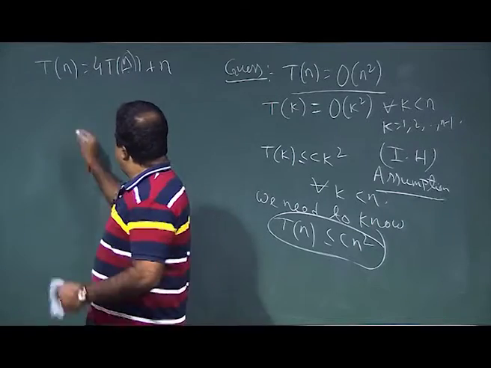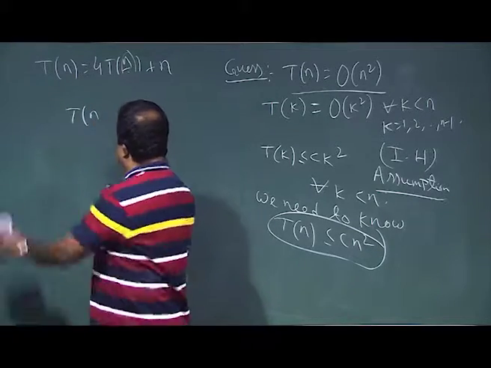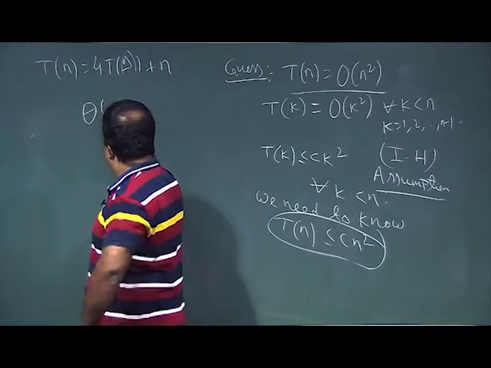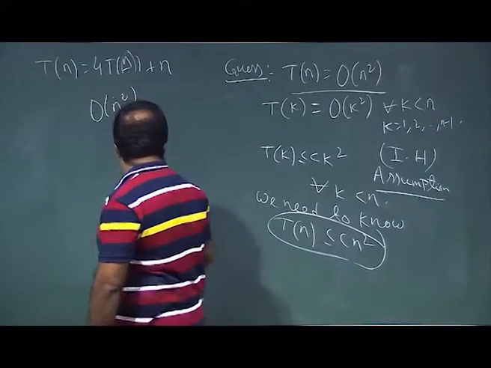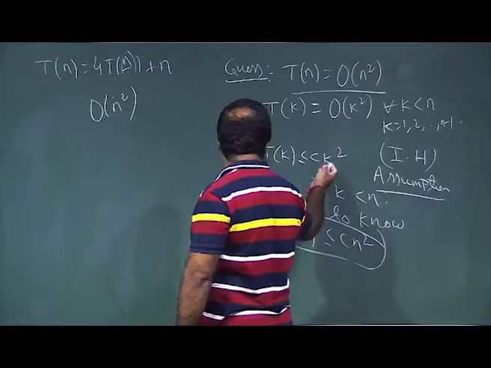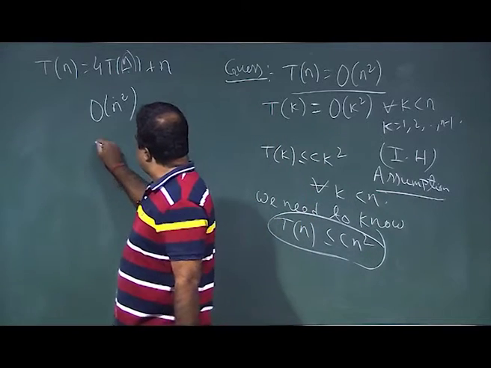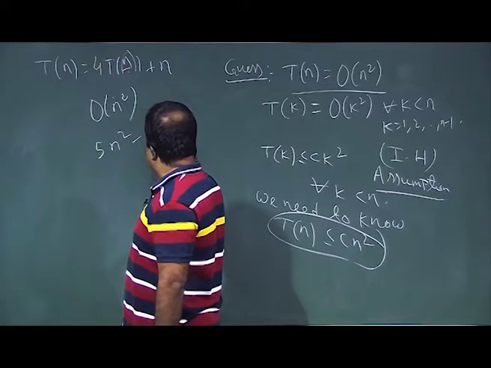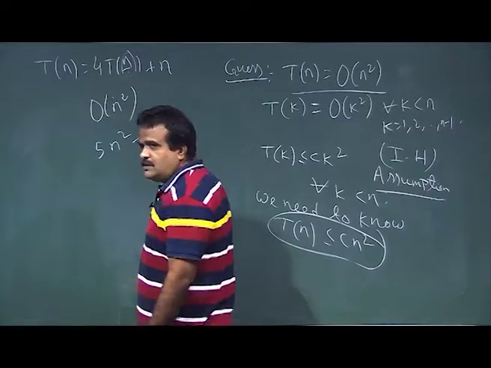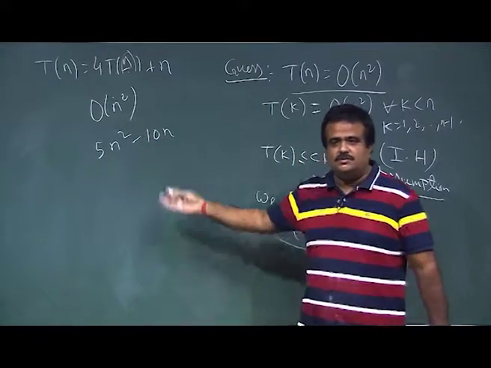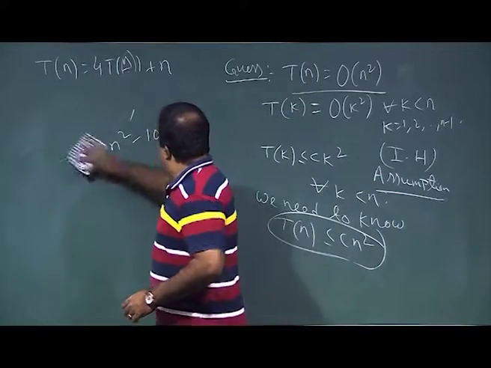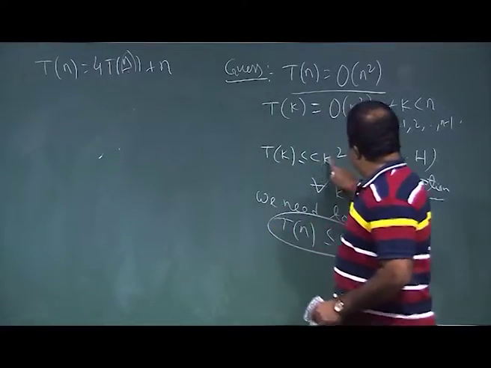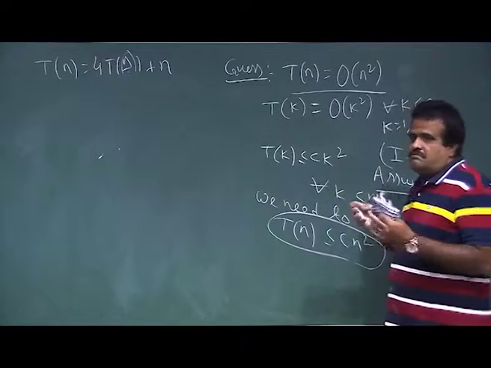For example, 5 n square minus 10 n is also big O of n square, because we ignore the lower order term and the leading coefficient. So, this bound we want to make tight.